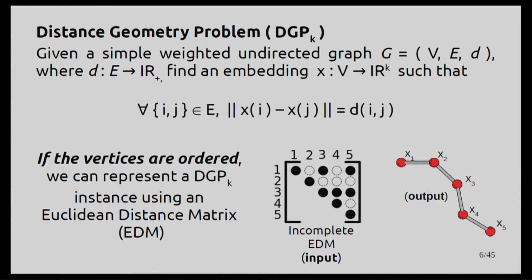We are dealing with a distance geometry problem. We are given a simple graph and a distance function, and what we want to find is an embedding function x such that the embedding satisfies a bunch of constraints. If we assume that there is some kind of order in the vertices, we can represent the data as an incomplete Euclidean distance matrix, and the output would be the locations.